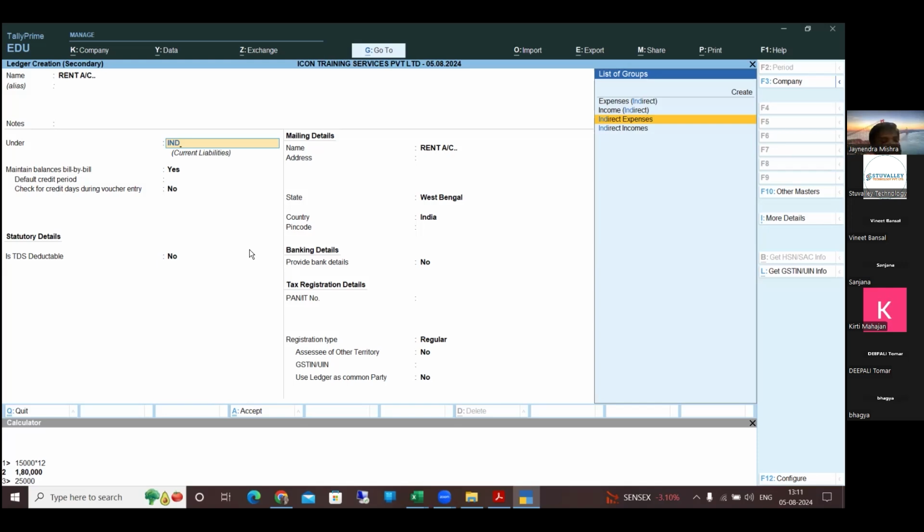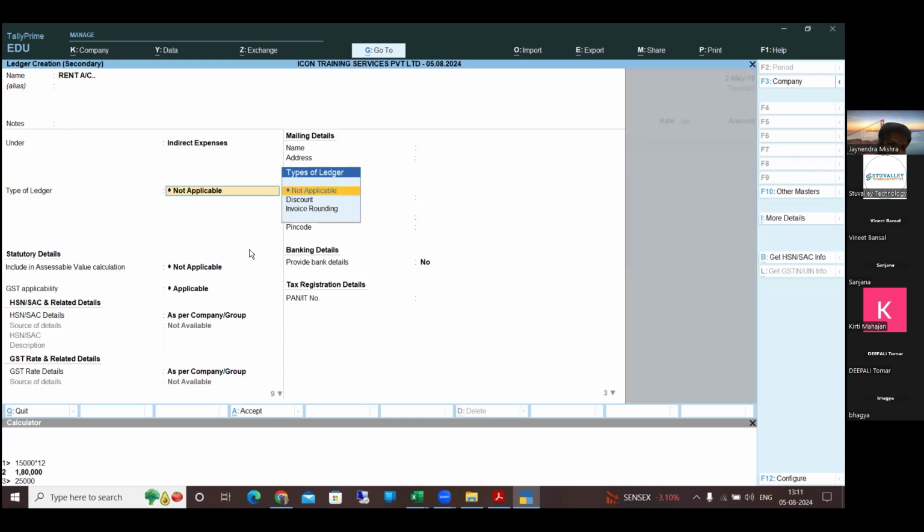Other expenses which do not have any relation with production are called indirect expenses. GST applicable? Yes, friends, GST is applicable. Now we have to specify how much GST is applicable.